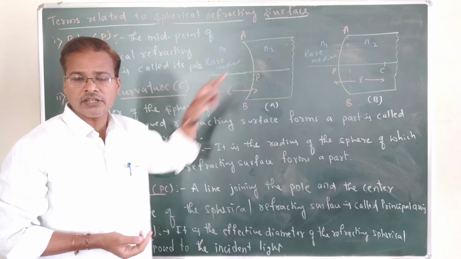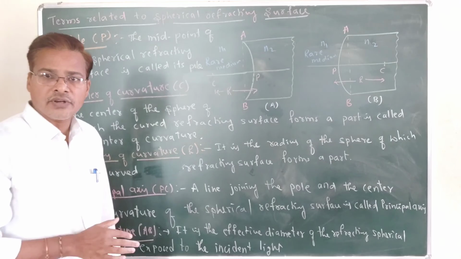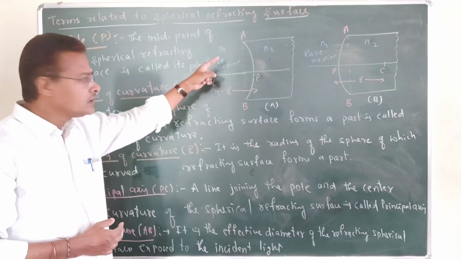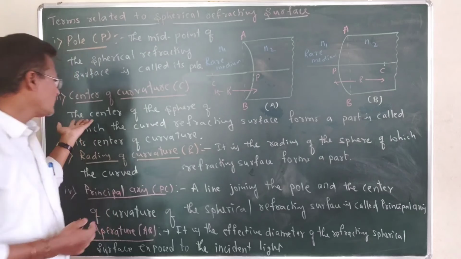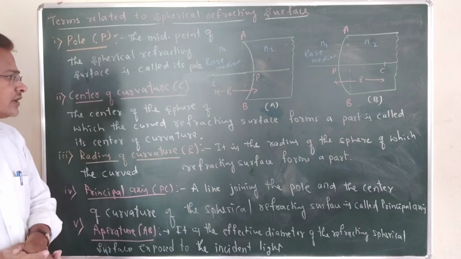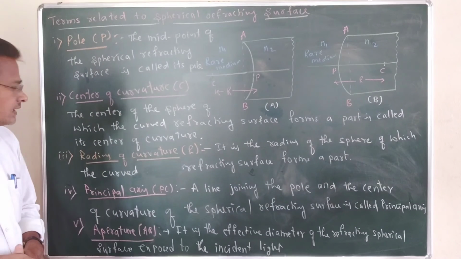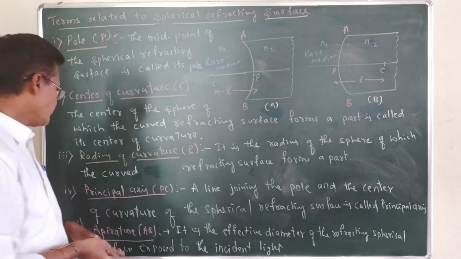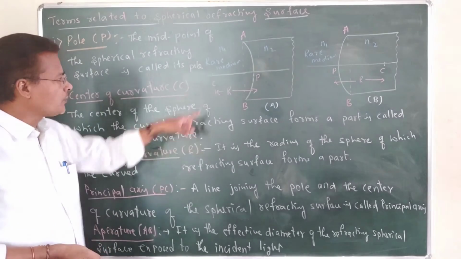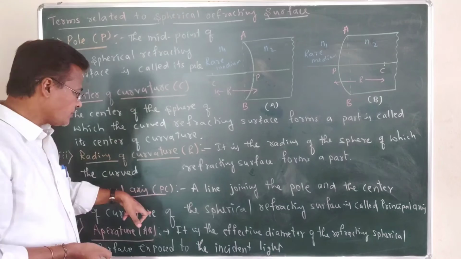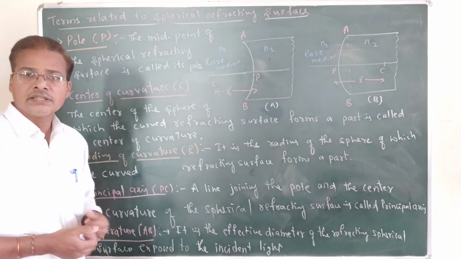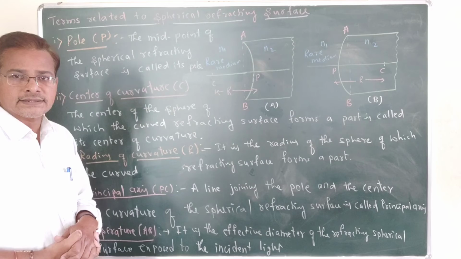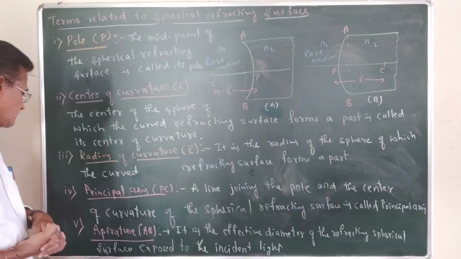The pole is the midpoint of the spherical refracting surface, and the center of curvature is the center of the sphere of which the curved refracting surface forms a part. A line joining the pole and the center of curvature of the spherical refracting surface is called the principal axis.